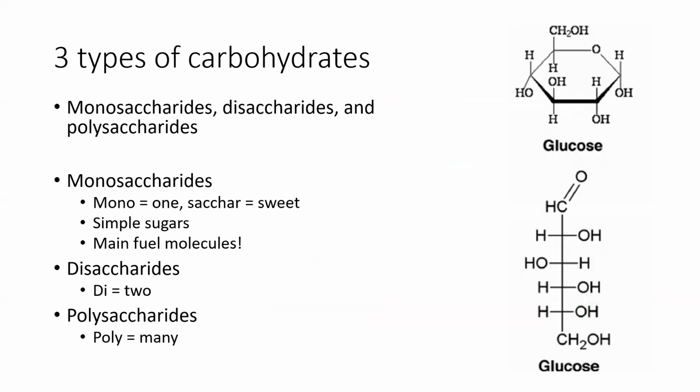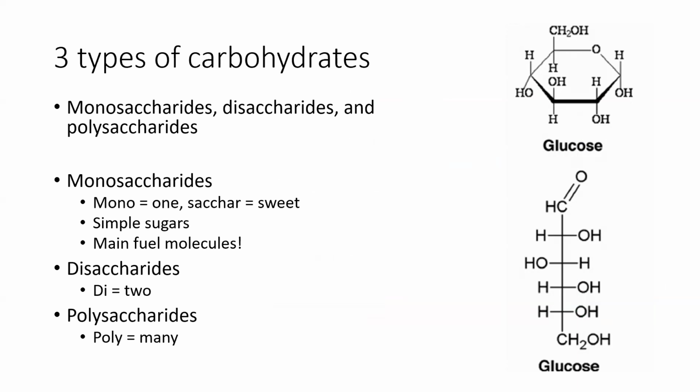We have three types of carbohydrates: monosaccharides, disaccharides, and polysaccharides. Now, I've done a lot of breaking the words down, which I think is helpful for me to remember what they mean. If that's helpful for you, great. If not, I apologize for doing it so much. Monosaccharides, again, mono refers to one, and saccharide refers to sweet. So the single sweet.